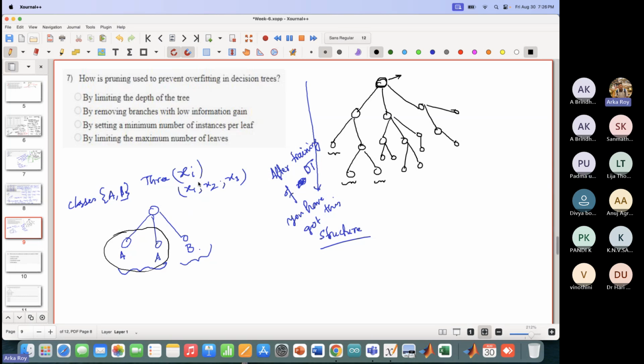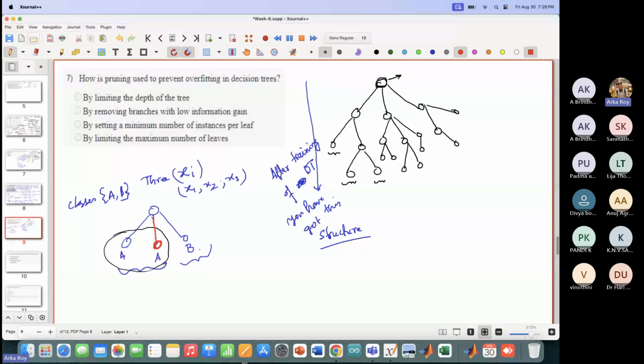So in case of pruning, this is what we do. After we train, we get a structure like this. Then we try to see which one is redundant, that means which can be removed, and even after we remove it, by and large it will not create an effect on the classification accuracy. So in this particular case, let's say this is the redundant case.